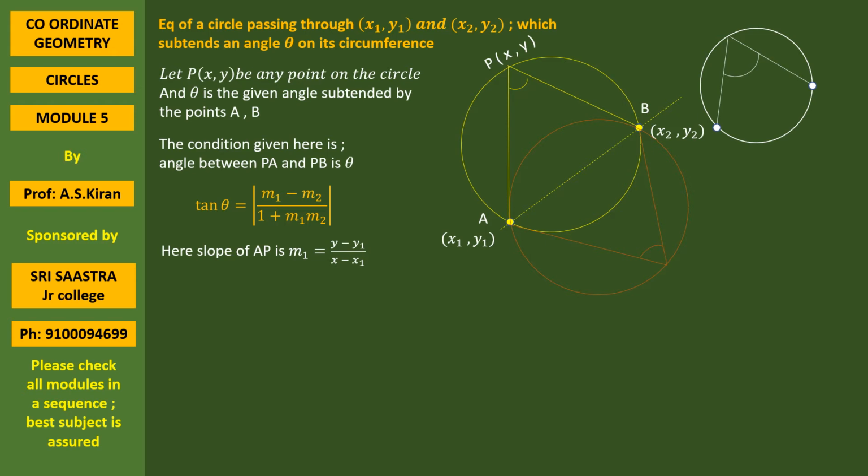That everyone knows. Applying that formula, slope of AP is m1 equals (y minus y1) by (x minus x1), and slope of BP is m2 equals (y minus y2) by (x minus x2).